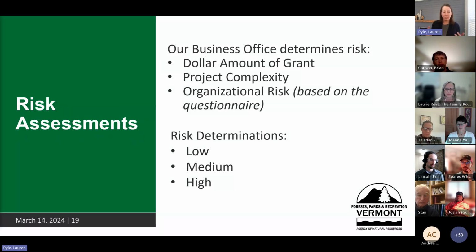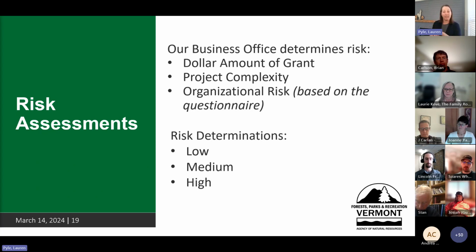And really what this means is just the level of documentation you have to give us up front. As I said at the beginning, you should keep all of your financial documentation on file at all times, so it's available on request. If you are determined to be a low risk grant, generally you're just going to keep that on file and give us the other stuff.